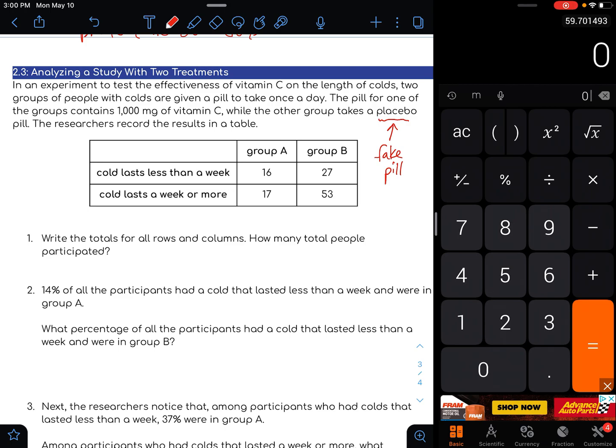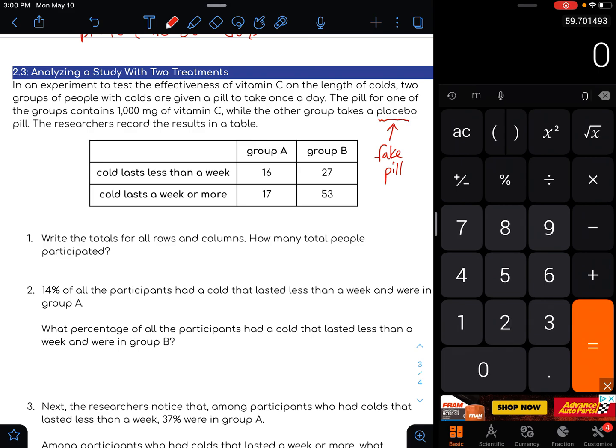So to do an experiment, people will give the real pill and a fake pill, just to make sure that the real pill is actually doing what they expect it to do more than the fake pill. You can read a little bit more about what placebos mean. I don't know if I really did that explanation justice, but essentially a placebo is a fake pill.